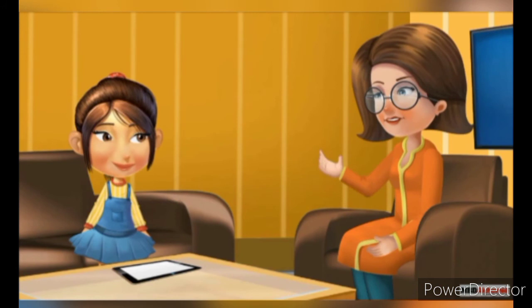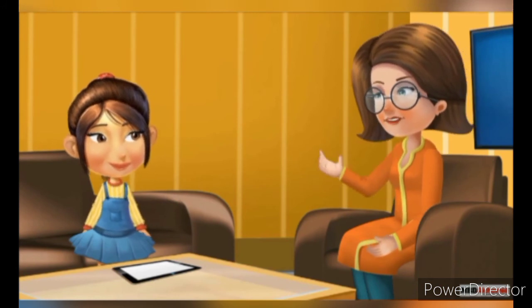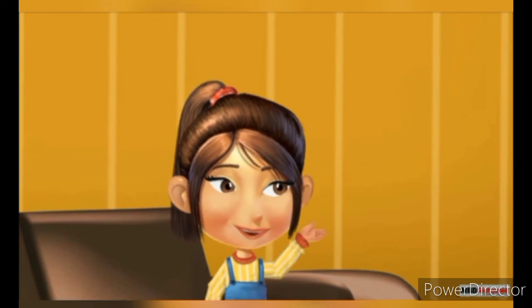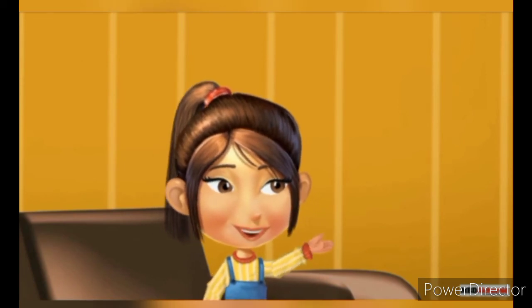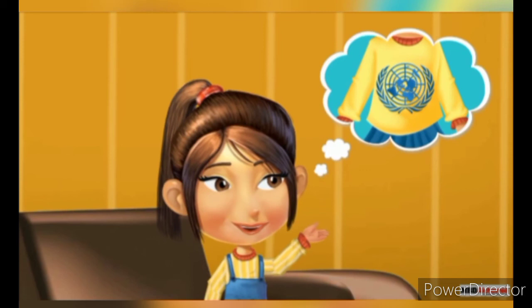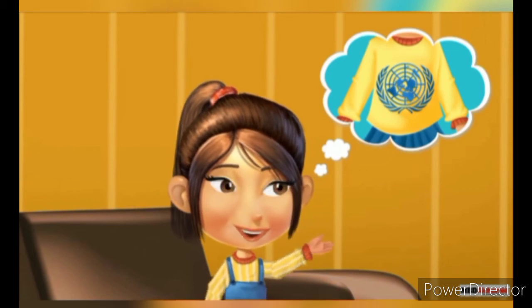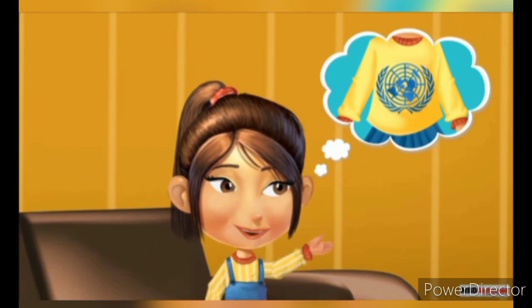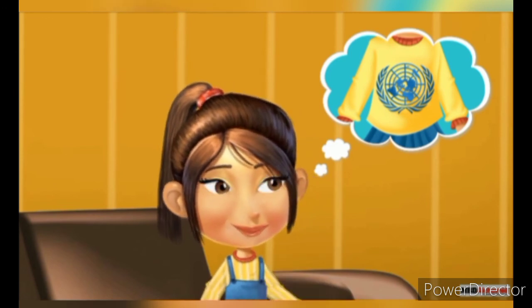That sounds nice. But why are you so excited? I'm excited because if my composition is selected, I'll get a very special t-shirt with the UN logo. It would be a matter of great pride for me.